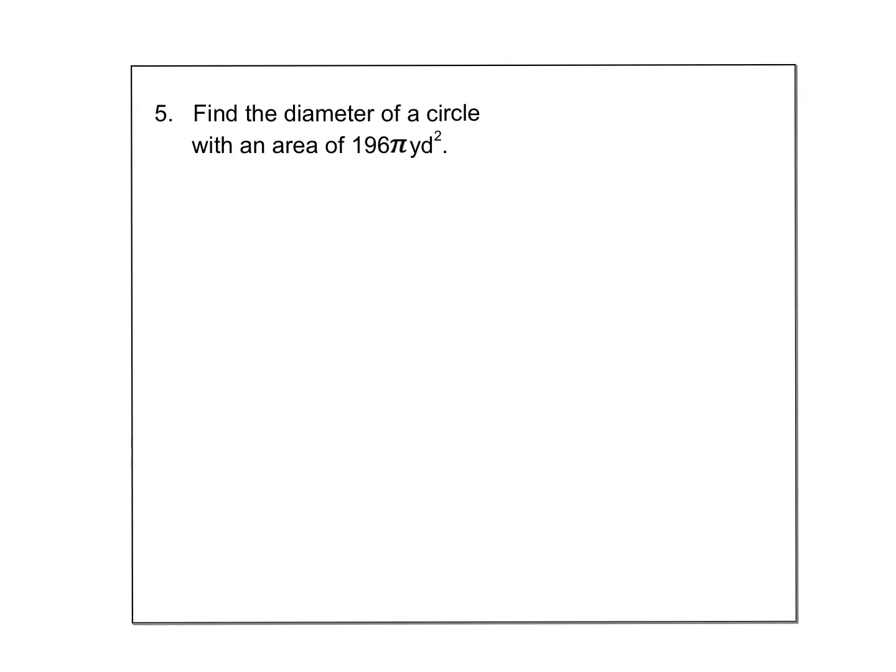Number 5, find the diameter of a circle with an area of 196 pi yards squared. Circle area. Your formula is area equals pi r squared. Plug in what you can.